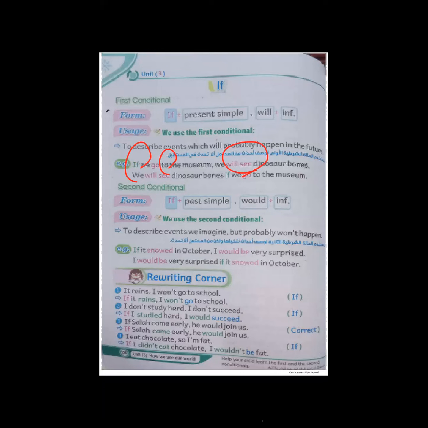If is in the middle, future simple, then present simple. So if at the beginning of the sentence, plus present simple plus will plus infinitive verb. How about if in the middle? Future simple, then present simple. Okay. Rahaf, did you understand it?